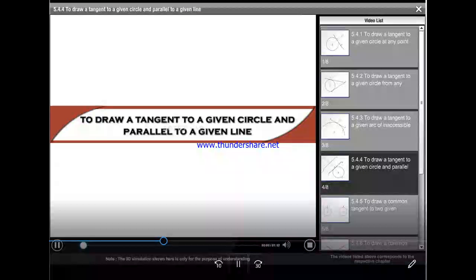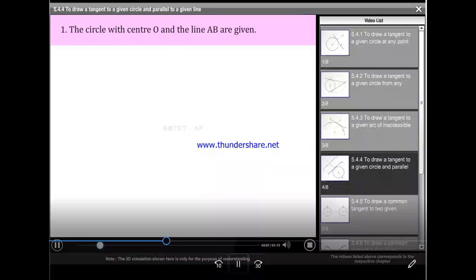To draw a tangent to a given circle and parallel to a given line. The circle with center O and the line AB are given.